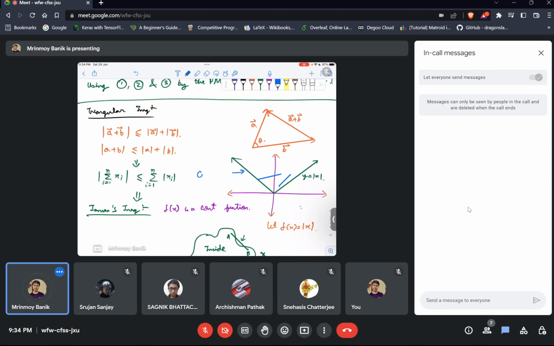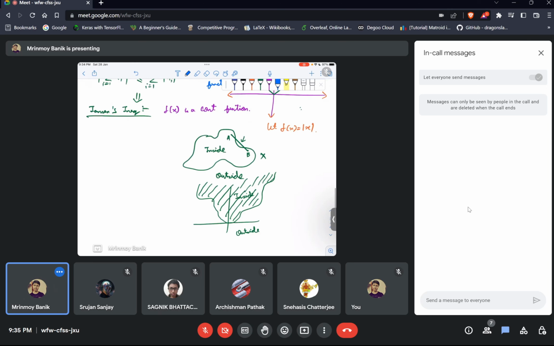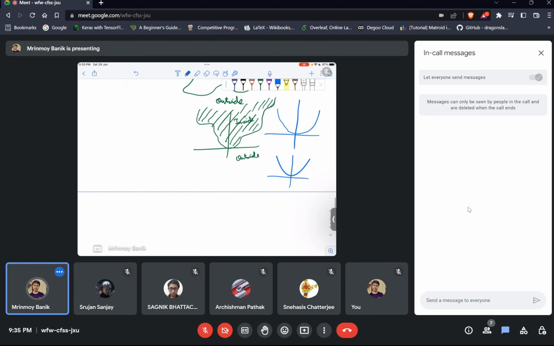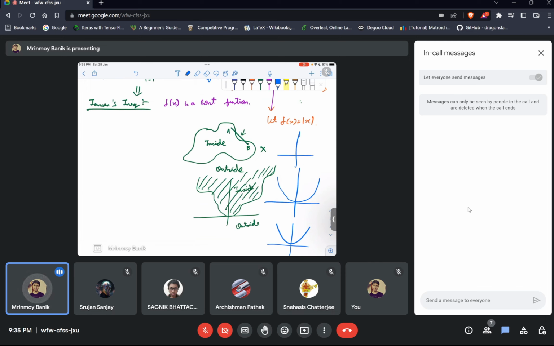function. So functions like this are all convex, right? But this is a concave function.